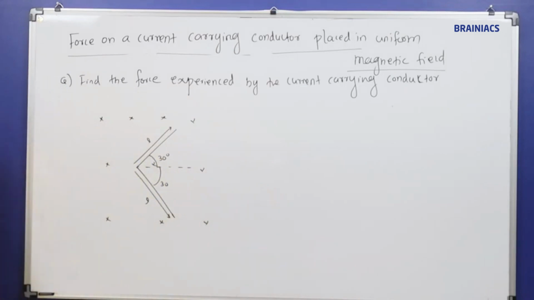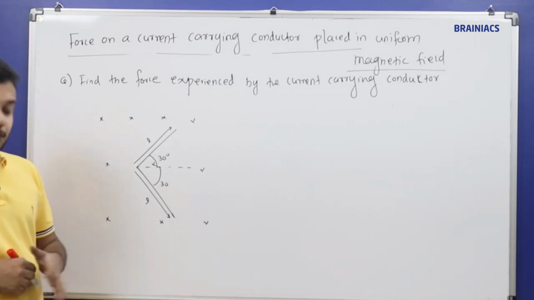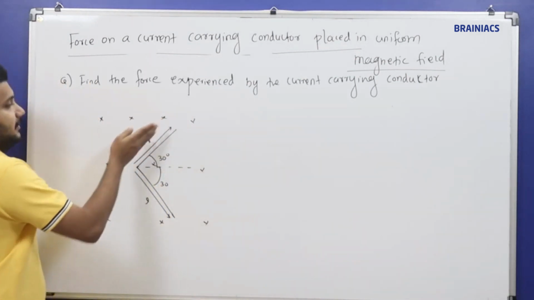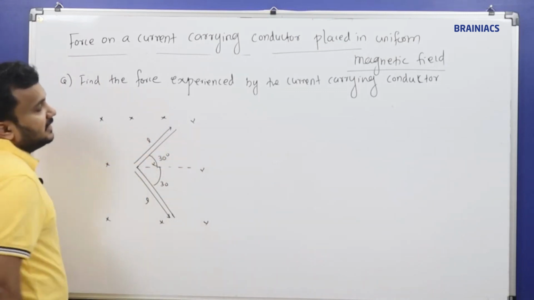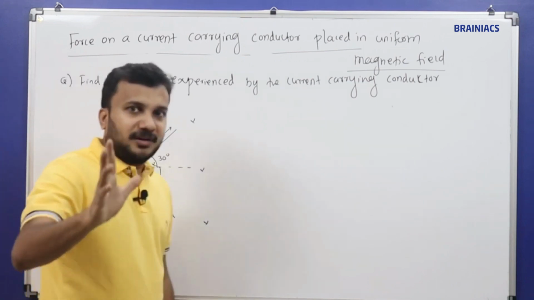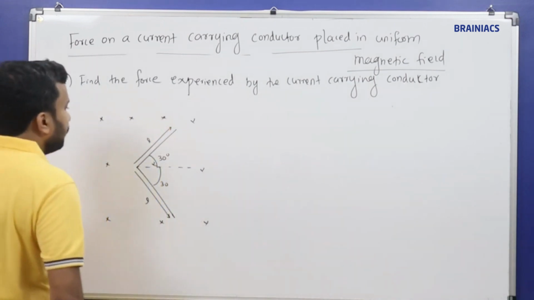So what will we do in this case? L and B will be there. Two conductors, so of course two forces will be there, right? This is the L vector and magnetic fields are where? Into the board. So first we'll consider one conductor at a time.